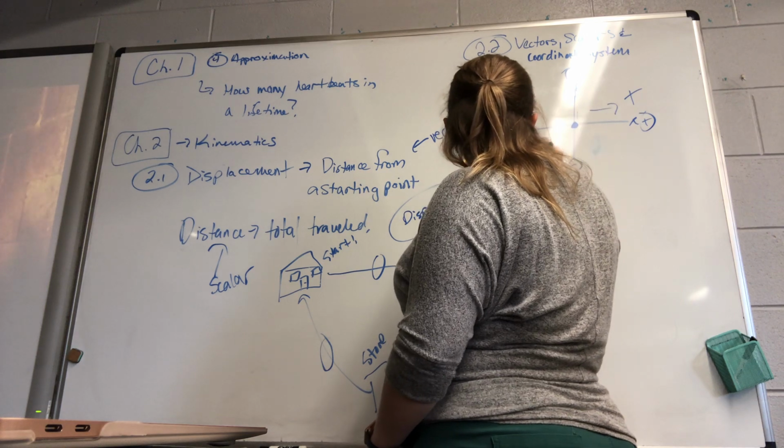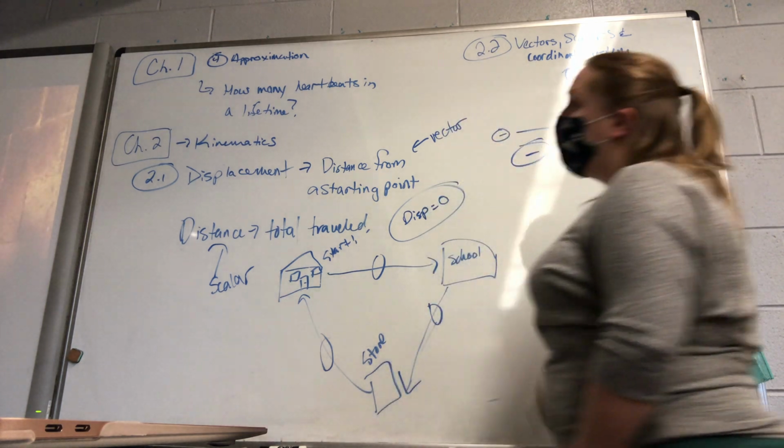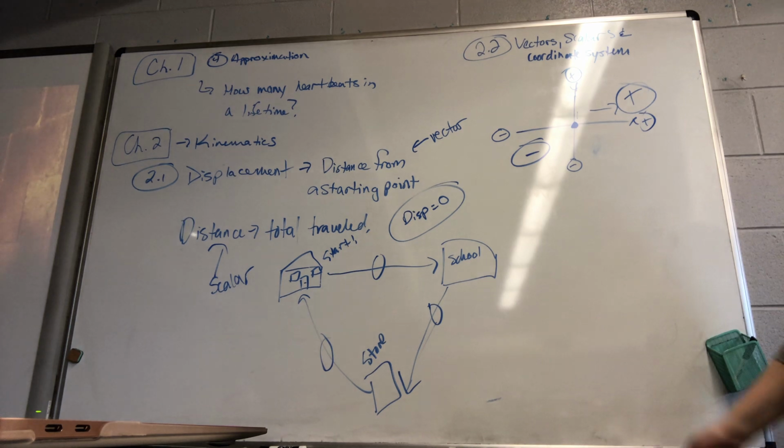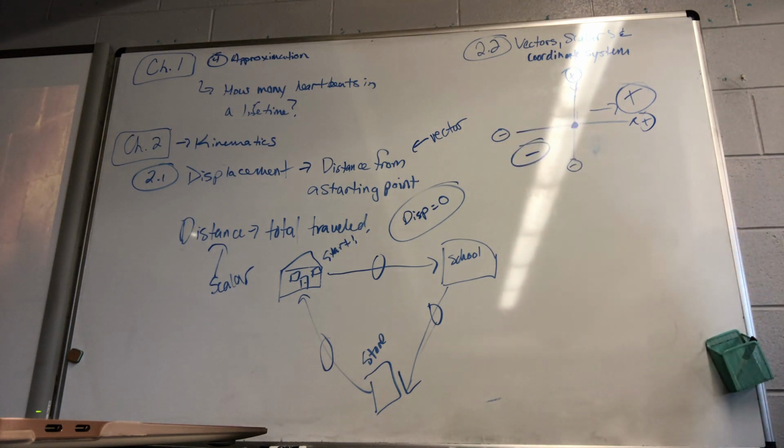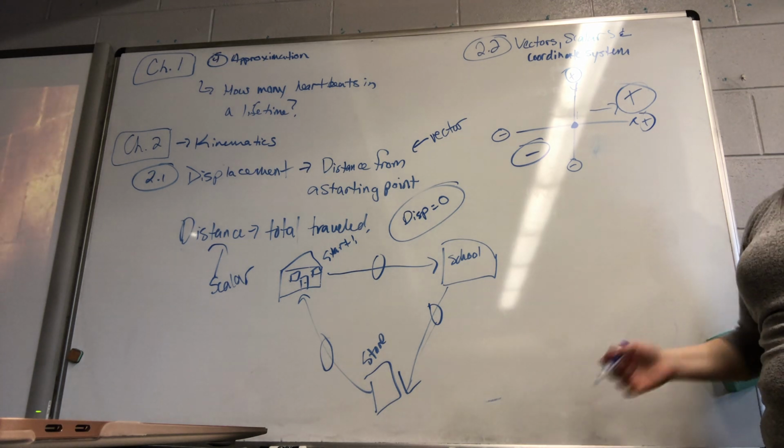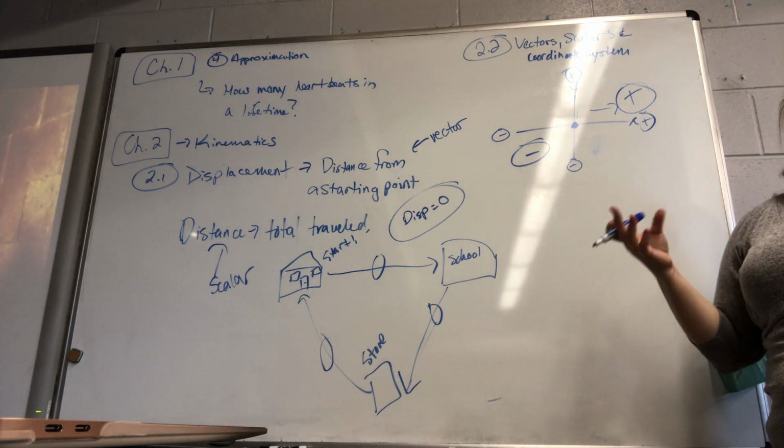Everything in the third quadrant was going to have a negative value, and then you have positive y, negative y. Okay, so the coordinate system just set up our overall problems.